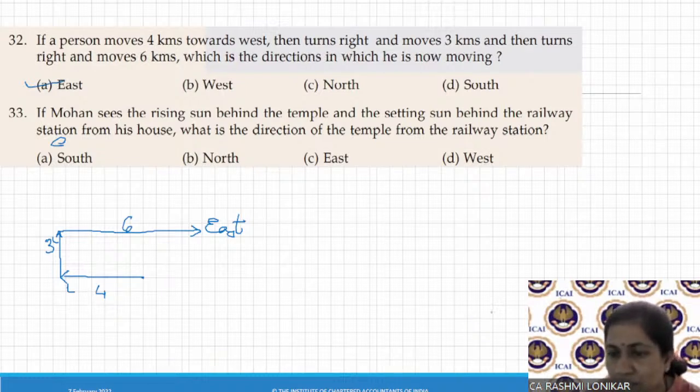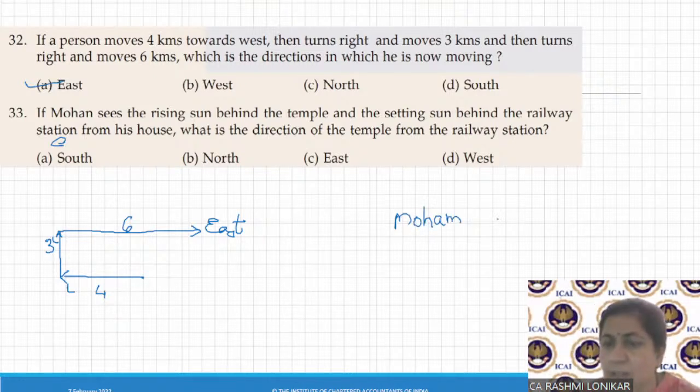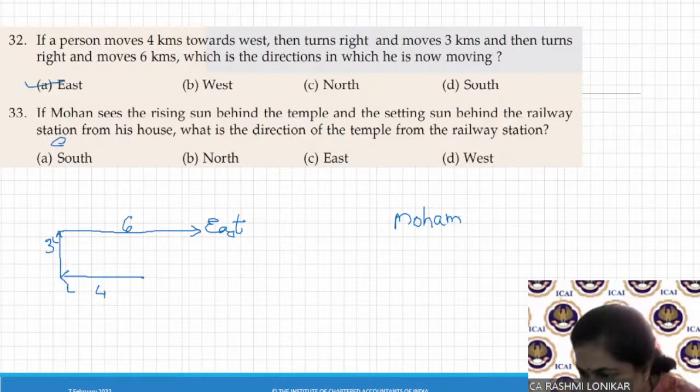If Mohan sees the rising sun behind the temple and the setting sun behind the railway station from his house, so you know that this is Mohan. There is a temple, rising sun behind the temple. So this is the east for Mohan and this is the west for Mohan.